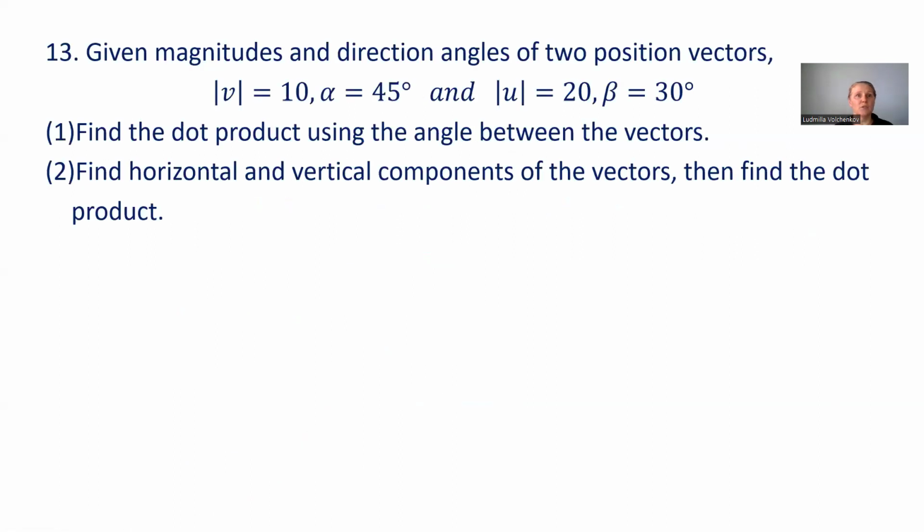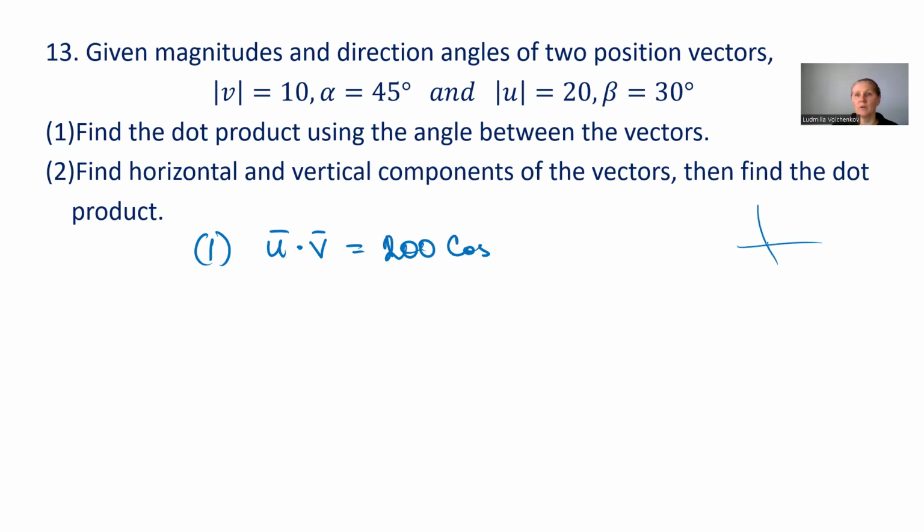Given magnitudes and direction angles of two position vectors, so it means the initial points are at the origin, find the dot product using two methods. First, using the angle between the vectors, then the dot product u dot v is the product of magnitudes, 10 times 20, 200, times cosine of the angle between them.